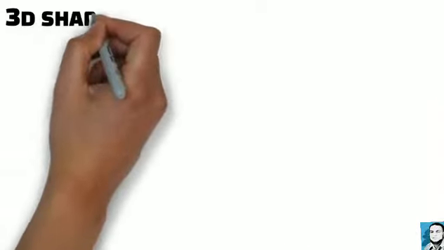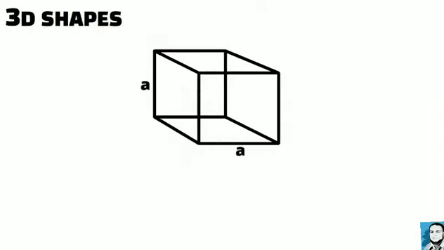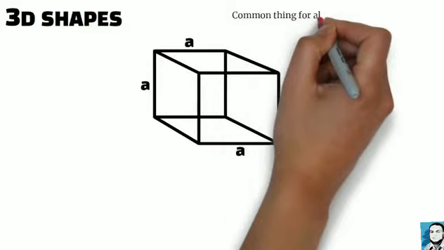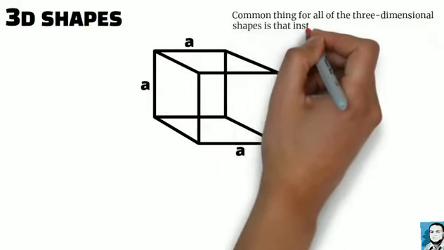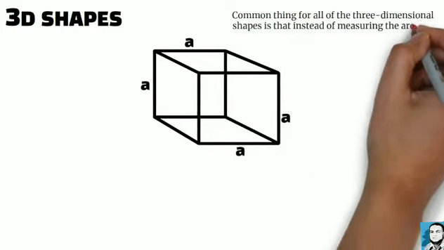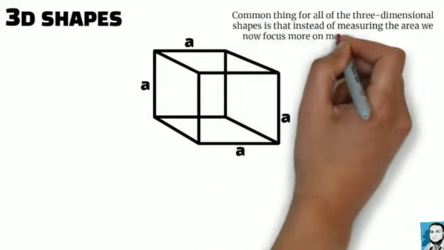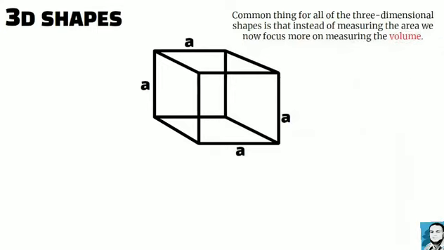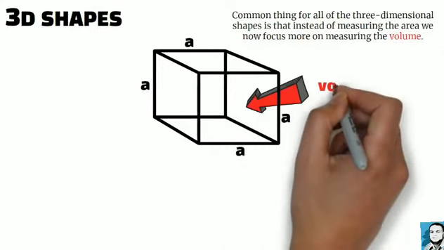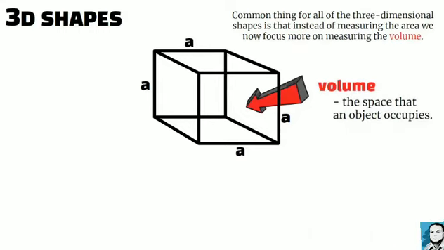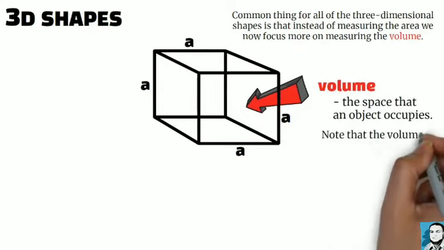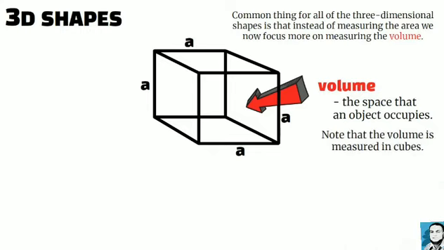Let's now move on to the three-dimensional shapes. One common thing for all of the three-dimensional shapes is that instead of measuring the area, we now focus more on measuring the volume. Volume is the space that an object occupies. Note that the volume is measured in cubes.